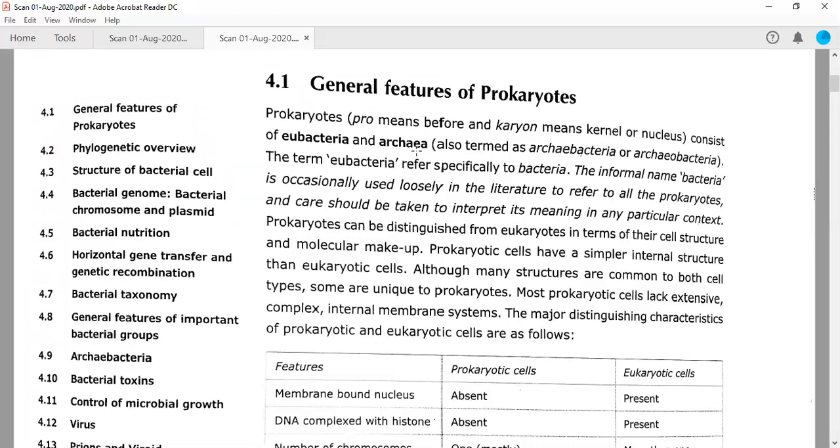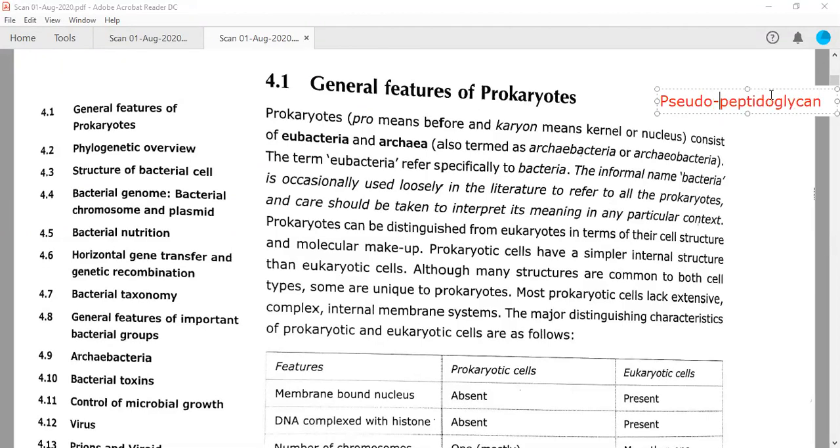Now, if you try to compare the eubacteria with the archaebacteria, in archaebacteria the cell wall is made up of pseudopeptidoglycan. Let me annotate this so that you can remember. The major difference is in this.